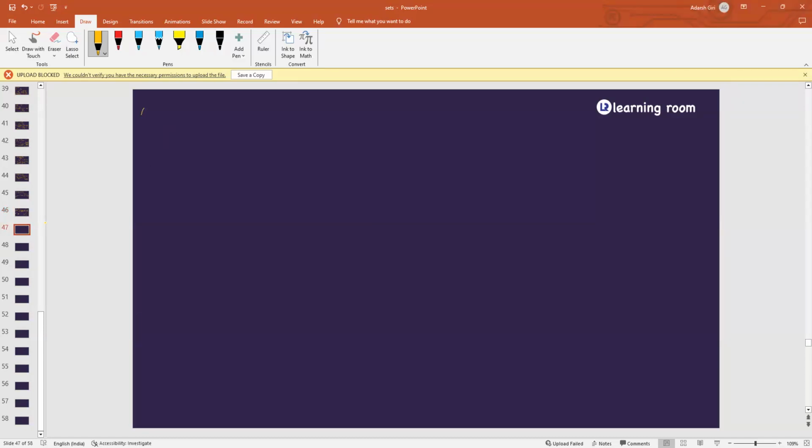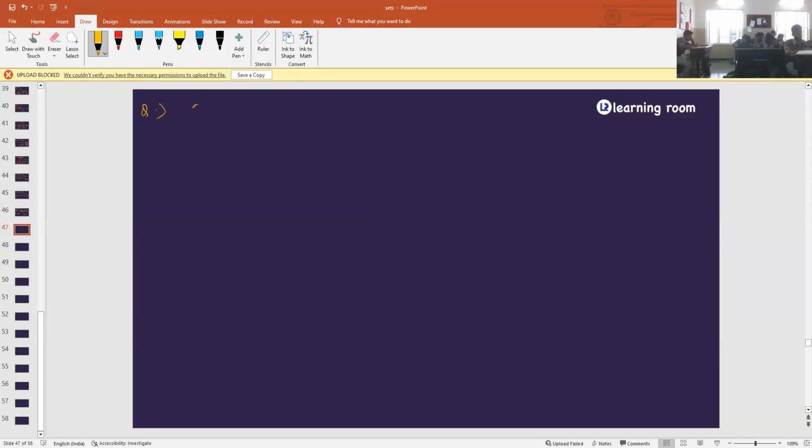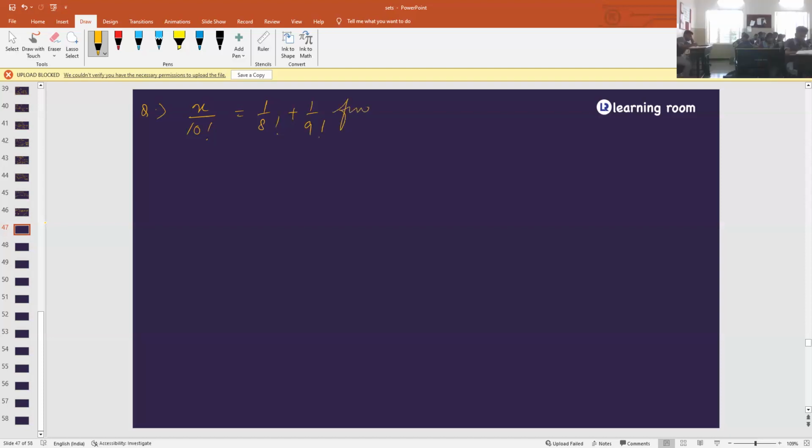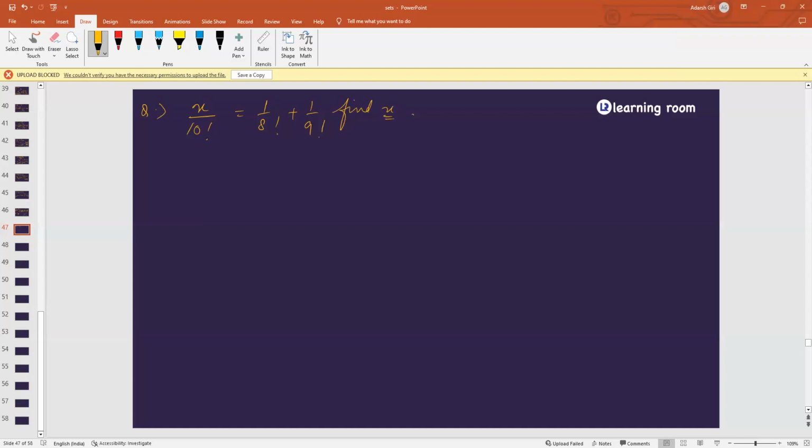Okay. Next question. If x upon 10 factorial is equal to 1 by 8 factorial plus 1 by 9 factorial, can you find x? Do this.